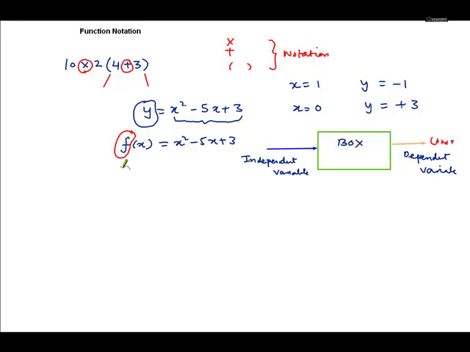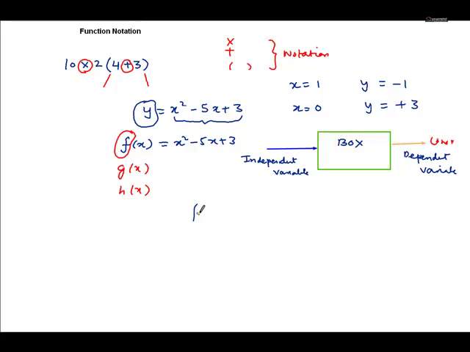You could have used any other alphabet like g of x or h of x. This is just a simple way by which we have named it. Usually it is expressed as f of x, but you will also see g of x, h of x kind of notation. Note that very carefully.